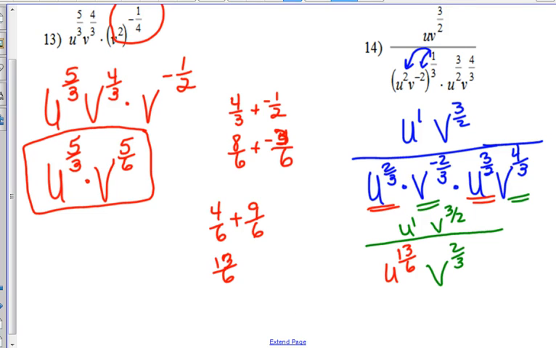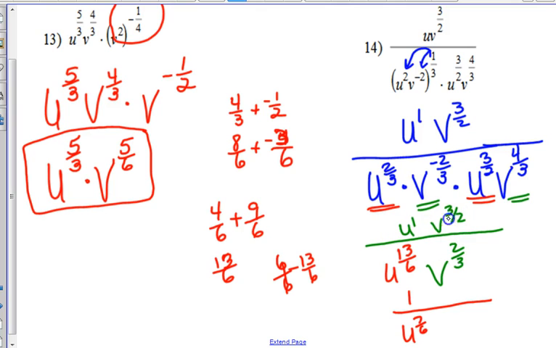Okay. So the u's would be 1 minus 13/6. What is that going to be? Negative 7/6, which just means it belongs on the bottom. Okay. So we have 1 over u to the 7/6. That's going to be a problem because we can't have fractions in the denominator.